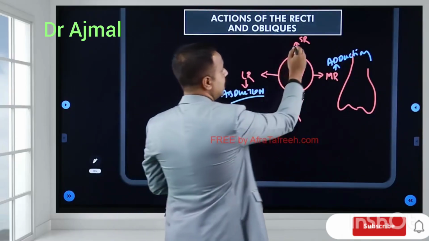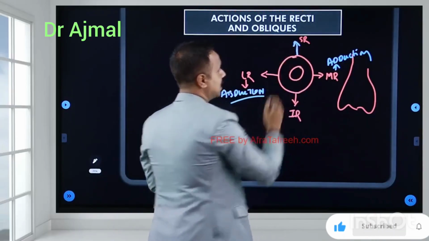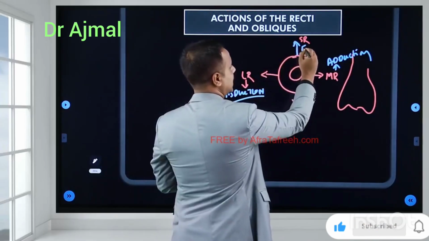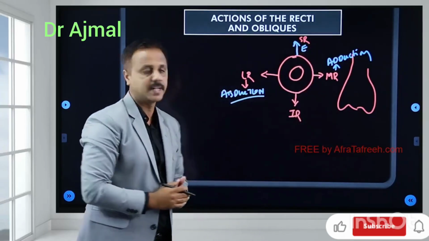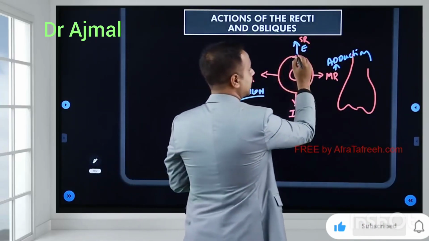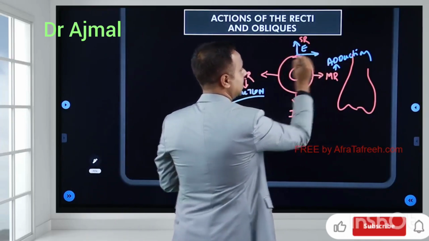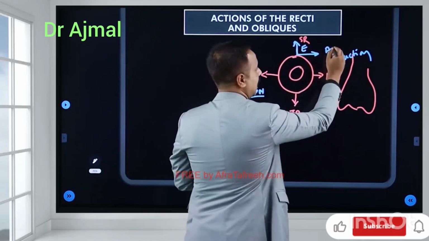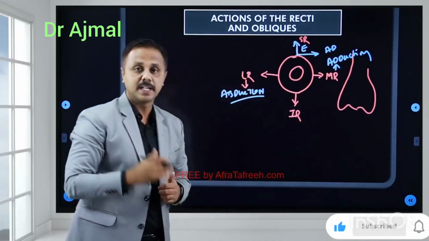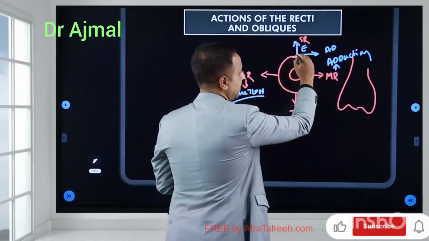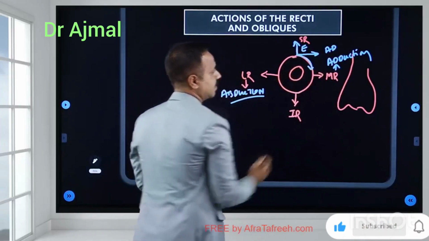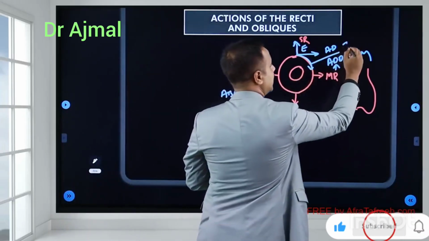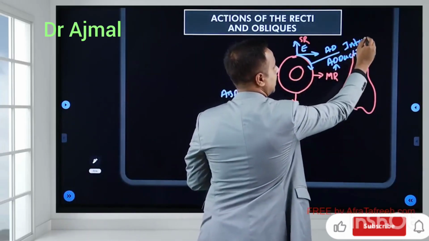That is, it will bring about upward movement of the eyeball. What do you call this? This is referred to as elevation. Right? Along with this, superior rectus can also bring about adduction, right? In addition, it can rotate the eyeball towards the nose, and this movement is referred to as intorsion, right?